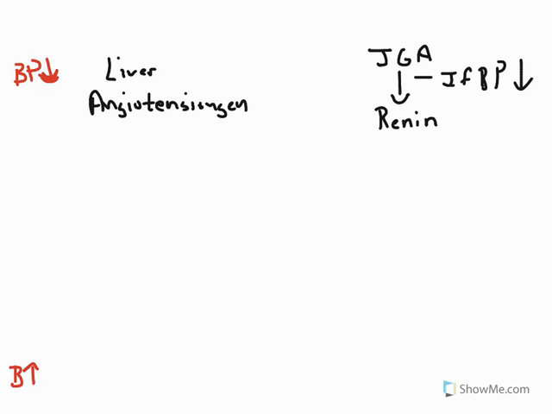Angio, like angiogram, means blood, having to do with the blood vessels. Tensin, think about making you tense, making things constrict. So angio with the blood vessels, tensin, making them tense, making them constrict. And when you see this gen, you know it is an inactive precursor. So what we need to know is we activate angiotensinogen with renin, and we begin a cascade of events that we need to look at.